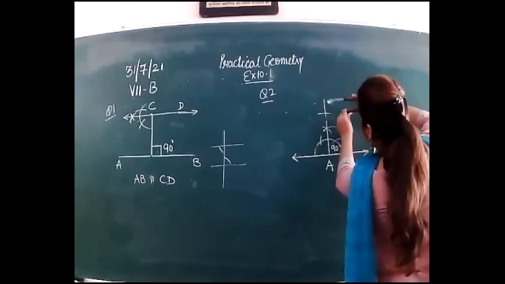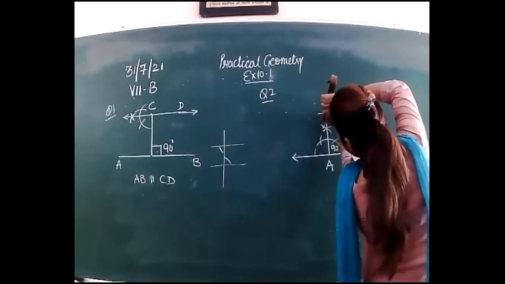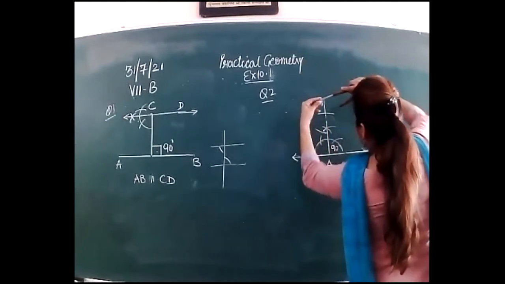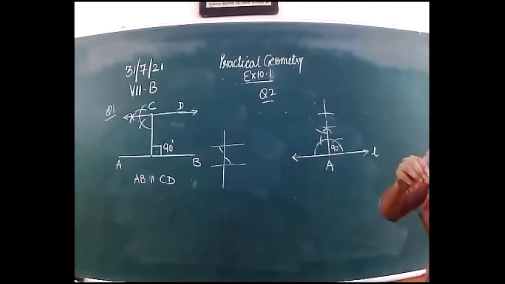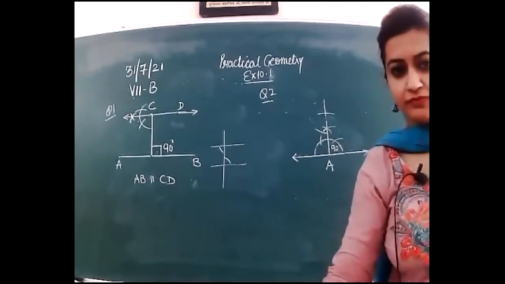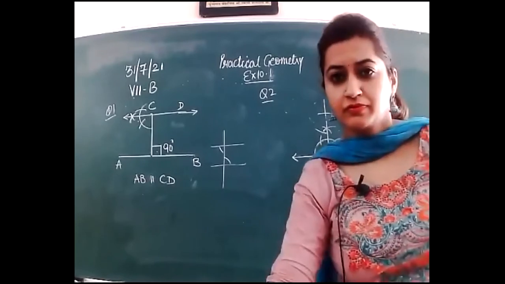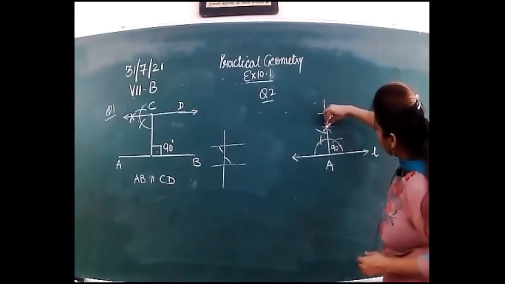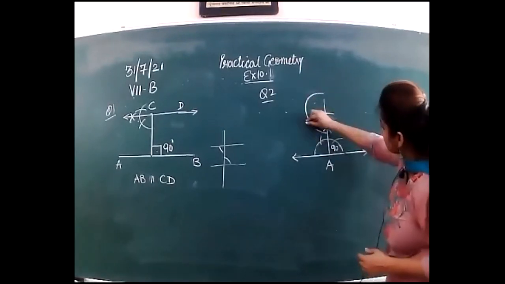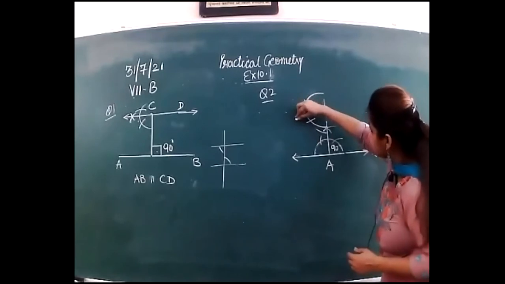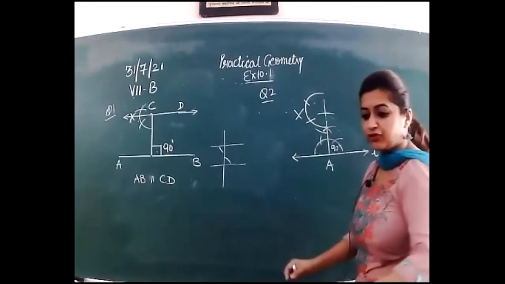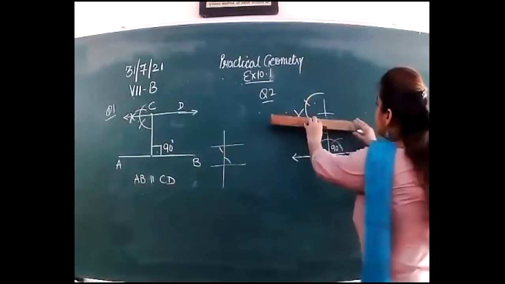Make 90 degree angle from here. Make 90 degree angle from this point. First arc 60, then 120, then you will make 90. And you will join this line in the same manner.